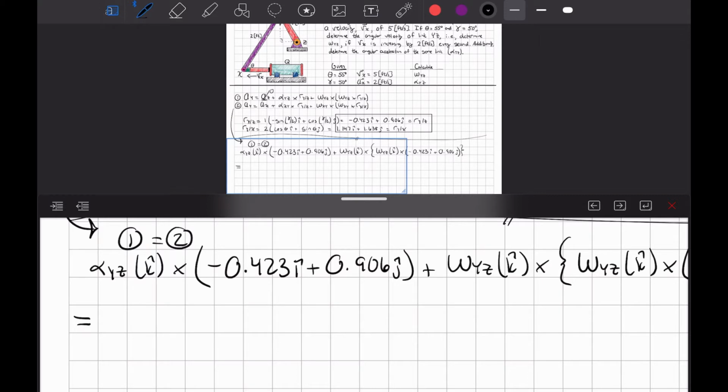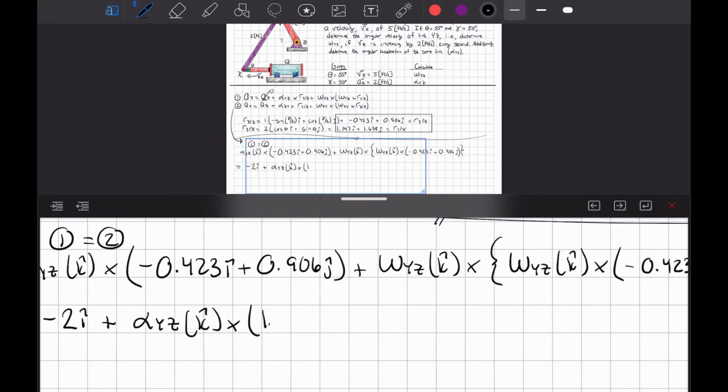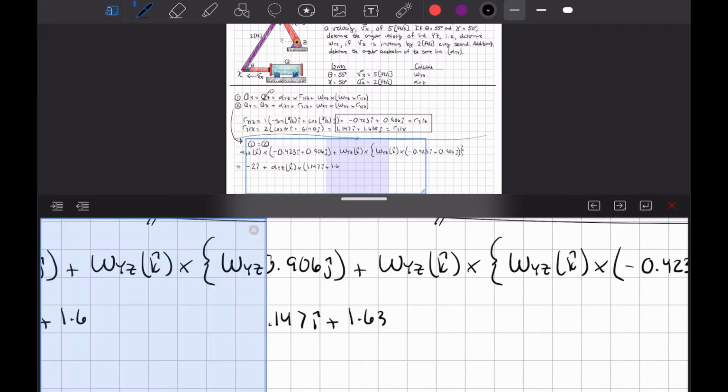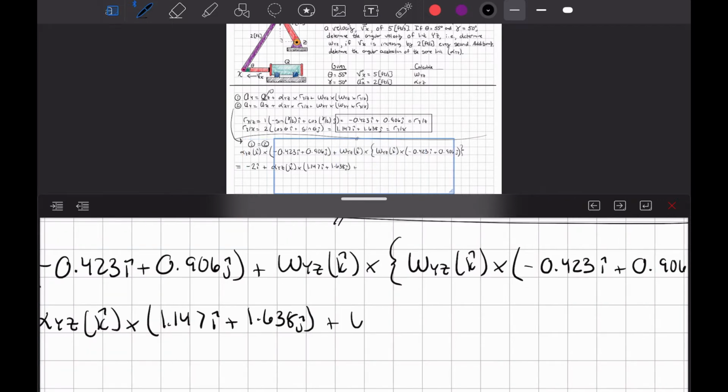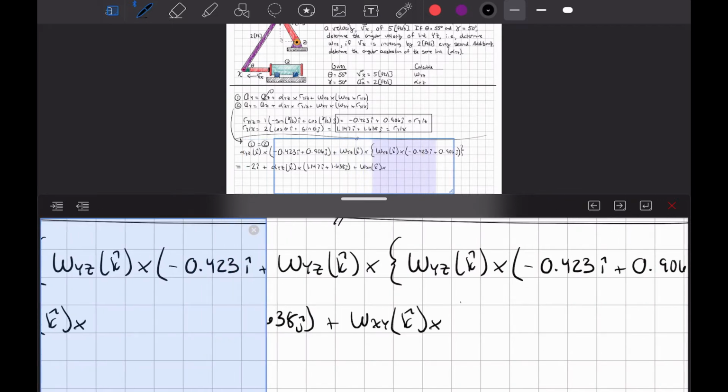So we will just assume it's k hat, and if it turns out that the value is negative after we calculate it, then we know that it was actually in the negative k hat direction. You can think of positive k hat as counterclockwise and negative k hat as clockwise. That's the physical manifestation of those directions in our problem.